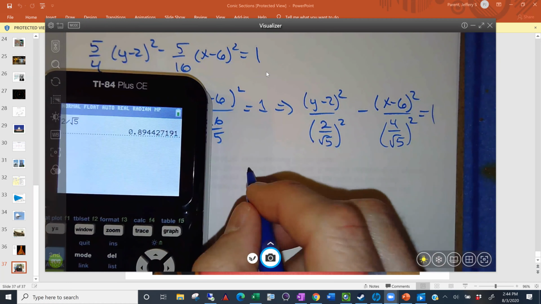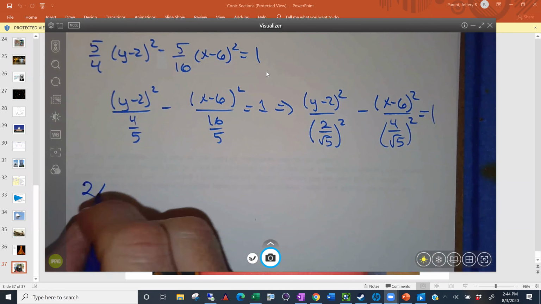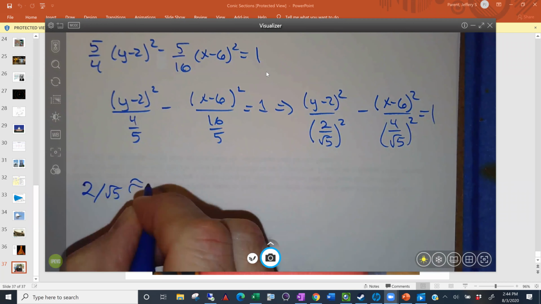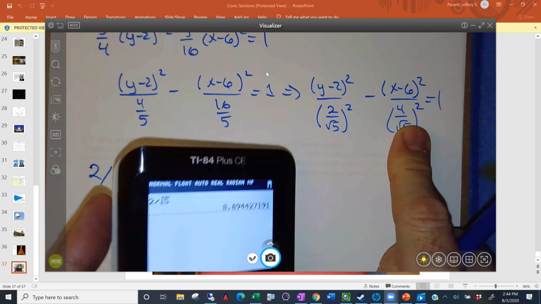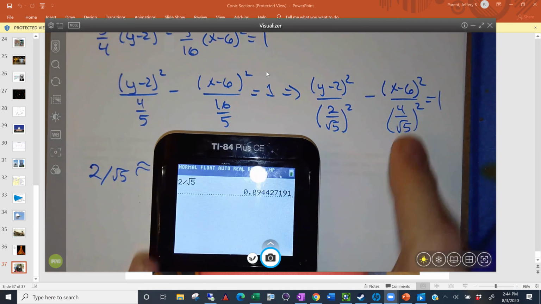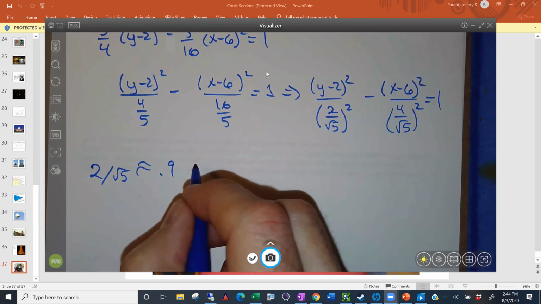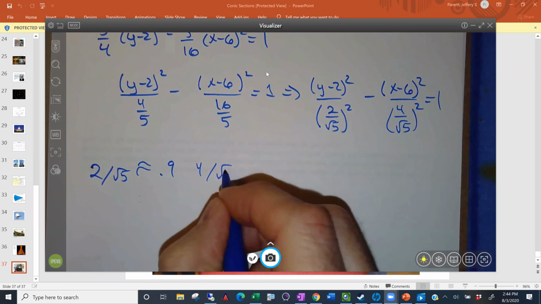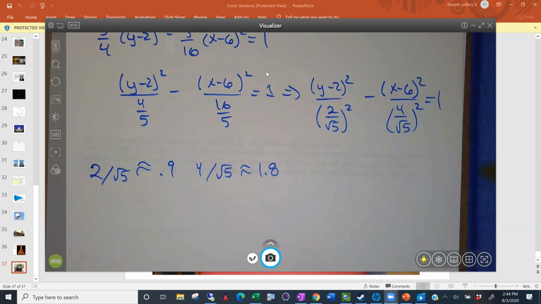So 2 over root 5 is about 0.9. And a quick way to get the other one is just to double it, so about 1.8. 4 divided by the square root of 5 is about 1.8.